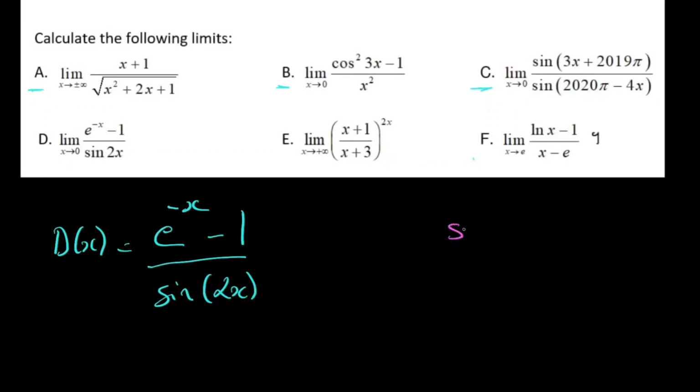and we know the limit of x over sinus of x when x tends to 0 is equal to 1. So we just have to rearrange the expression a little bit to make a 2x appear here, and we have something like exponential of minus x minus 1. So how do we do that?